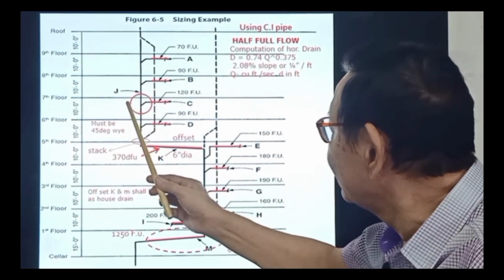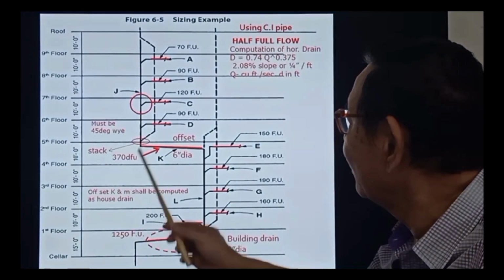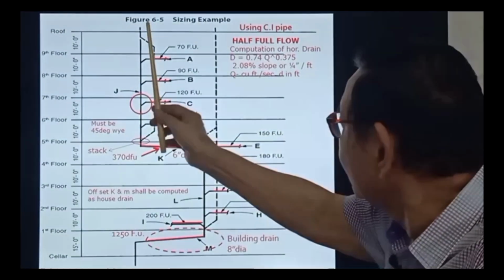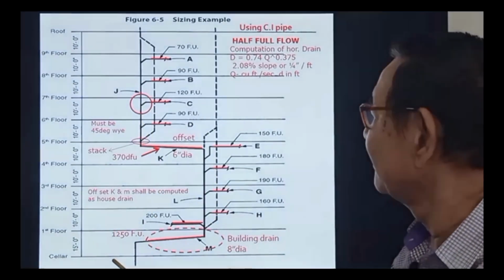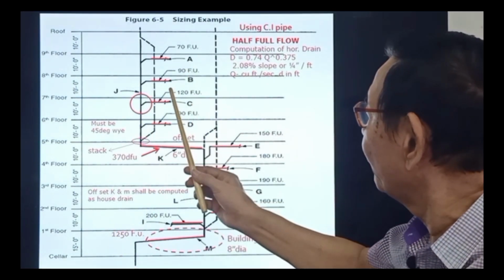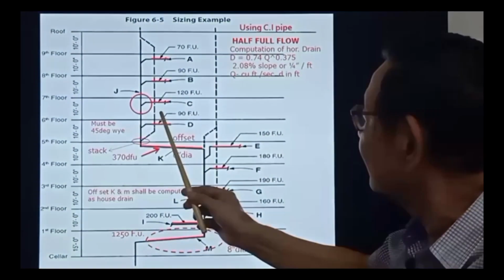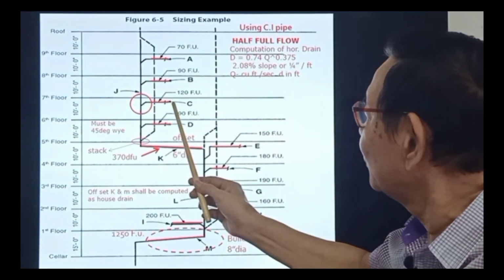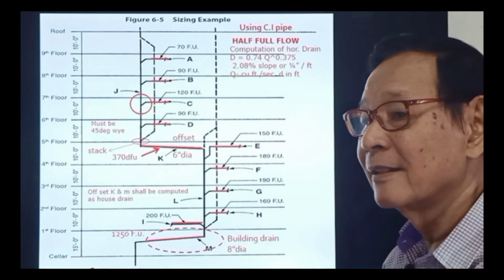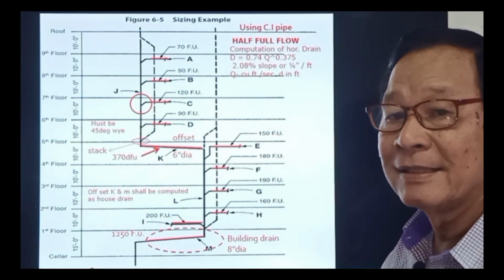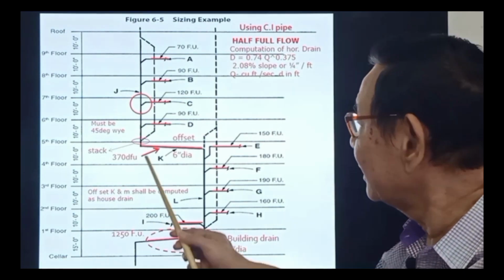I encircle this one because there are relationships between the vertical and horizontal. The relationship is whether it permits you to discharge here, that I will not be overloading. So that is the relationship.